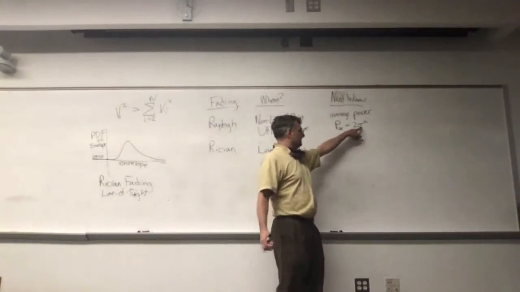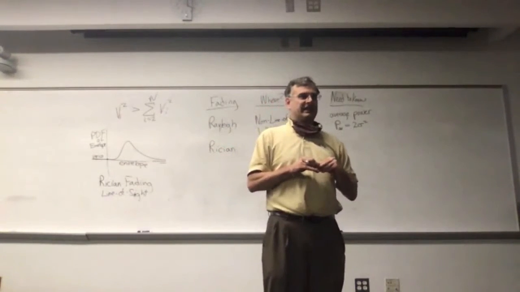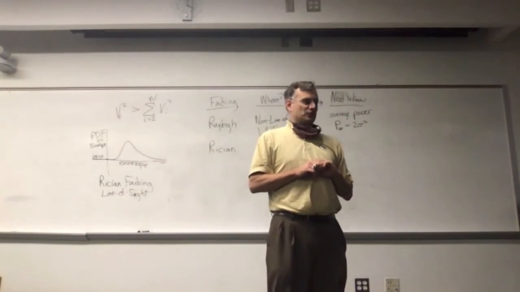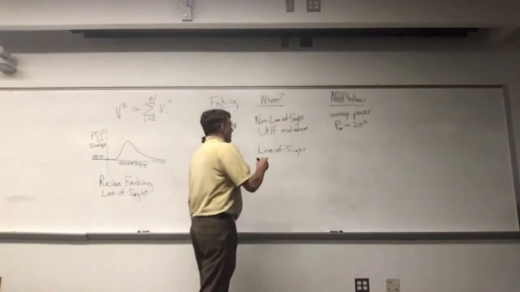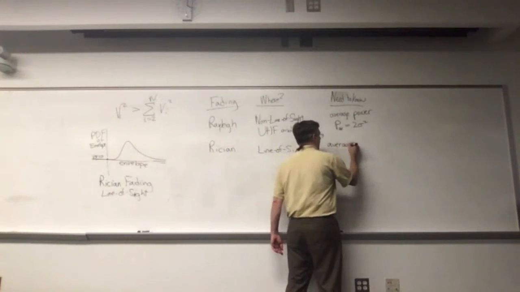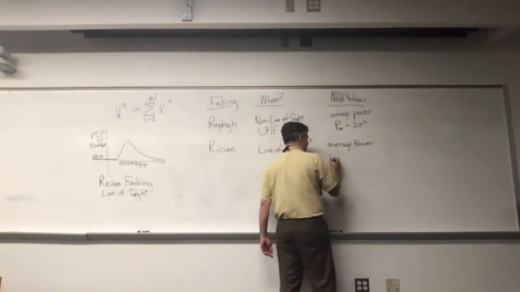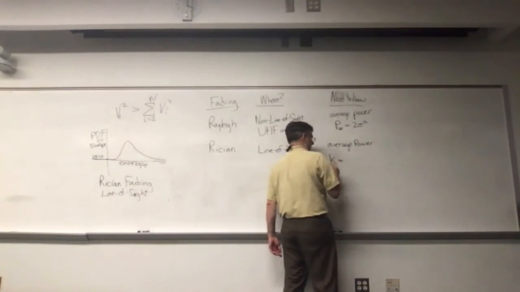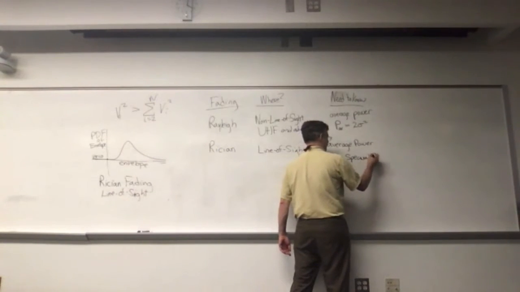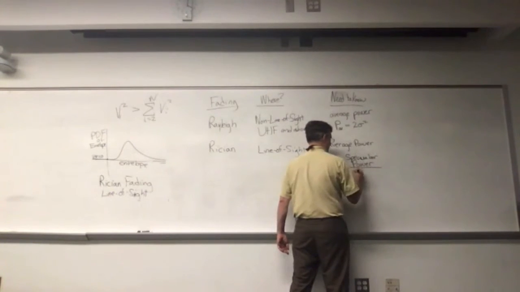Average power, think of this as square root of 2 sigma is RMS voltage or something like that, depending on how the hardware of your antenna and your receiver system. For the Rician, you need to know average power, and then also something called the K factor, which is the ratio of specular power to diffuse.